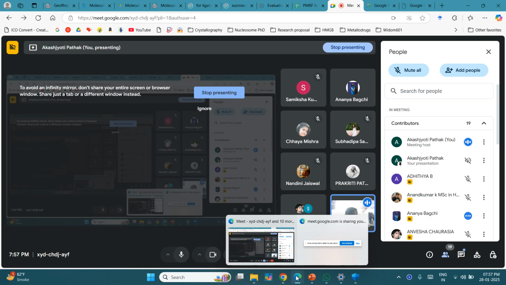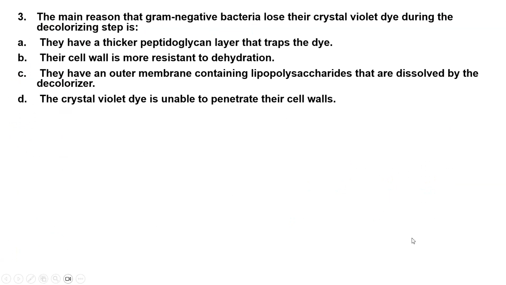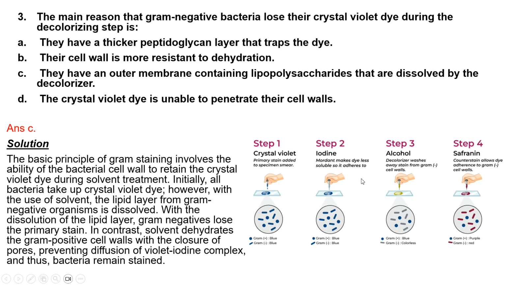Both will take up the dye, but the problem will be because of the intensity, as she mentioned just now, that it is quite intense. So you will not be able to differentiate between the gram-positive and gram-negative bacteria.